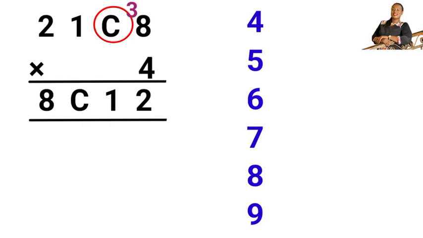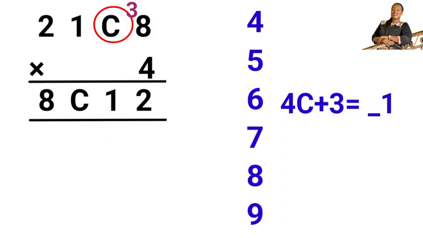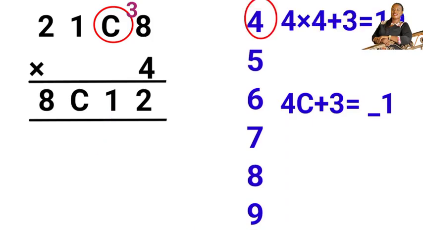So 3 is the number we carried. For us to find C, let us write out a formula that will guide us. Let's say 4 times C plus 3, which is the carry, will give us a number that has 1 at the end because we have 1 here. So let us check all these numbers. 4 times 4 plus 3 will give us 19.